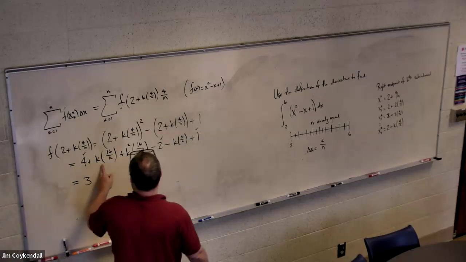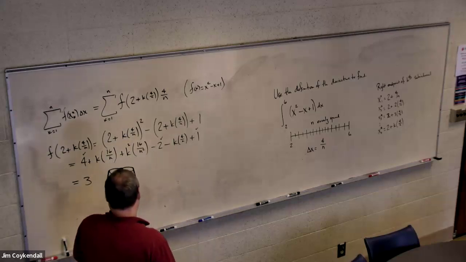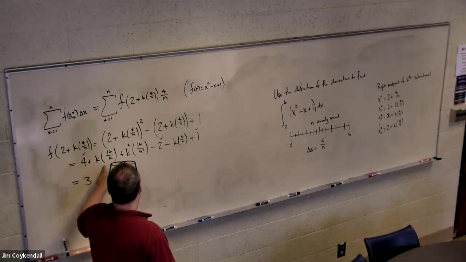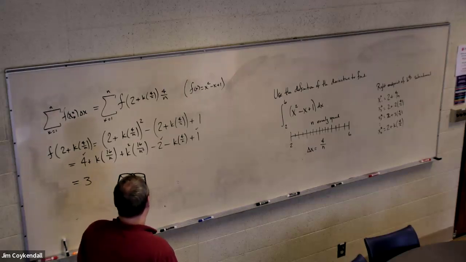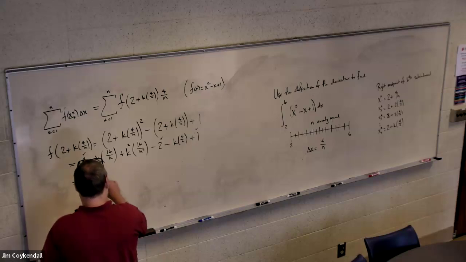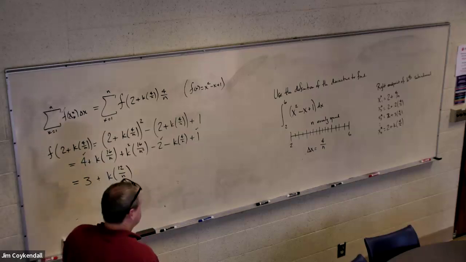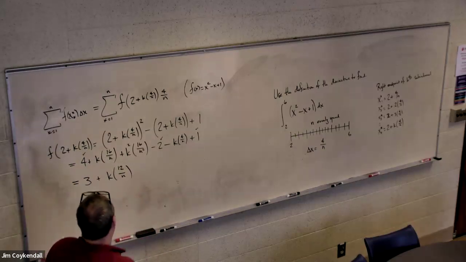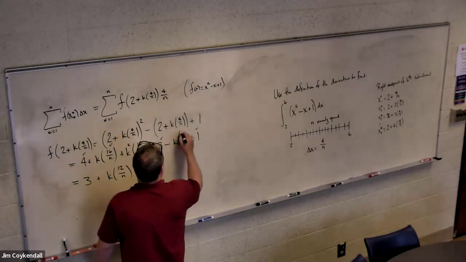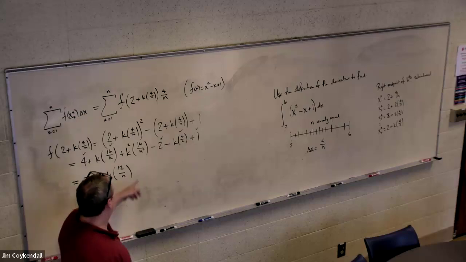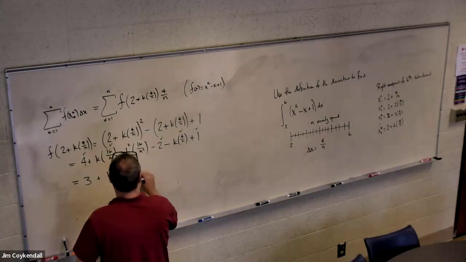Let's see. I've got k, I've got 16 over n minus 4 over n, 12. And then I've got this base curve.